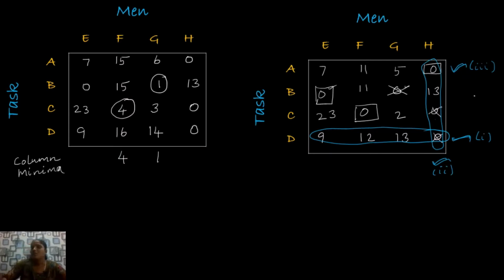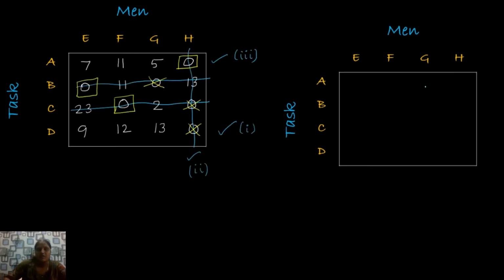Okay. Now what we have to do is cross out the unmarked rows and marked columns. So the first and last rows are marked rows, so we leave them.